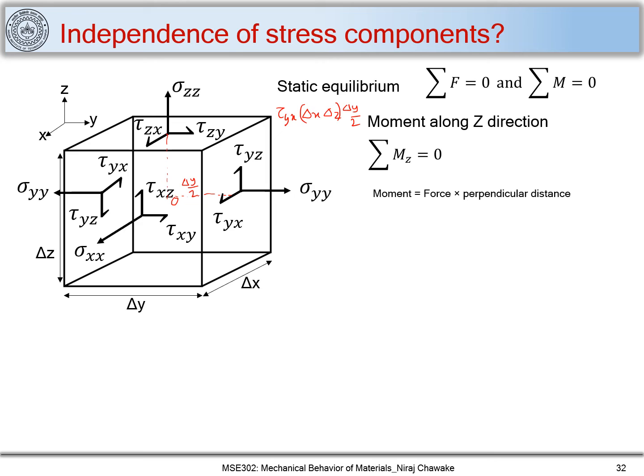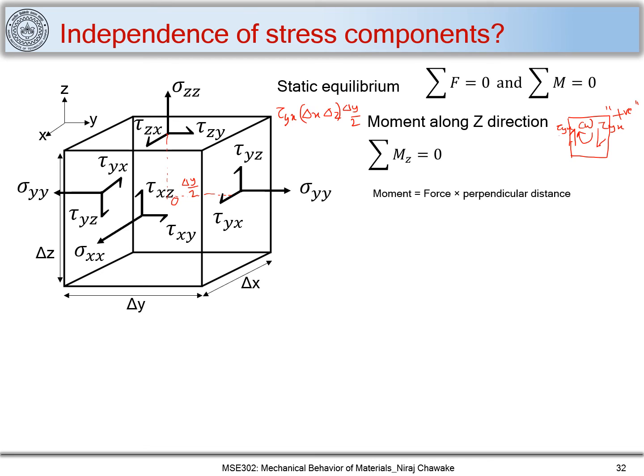Let me write it. When I draw these components over here, this is my tau yx, and also this is tau yx. So this is giving me a clockwise rotation, so I term it as positive moment.